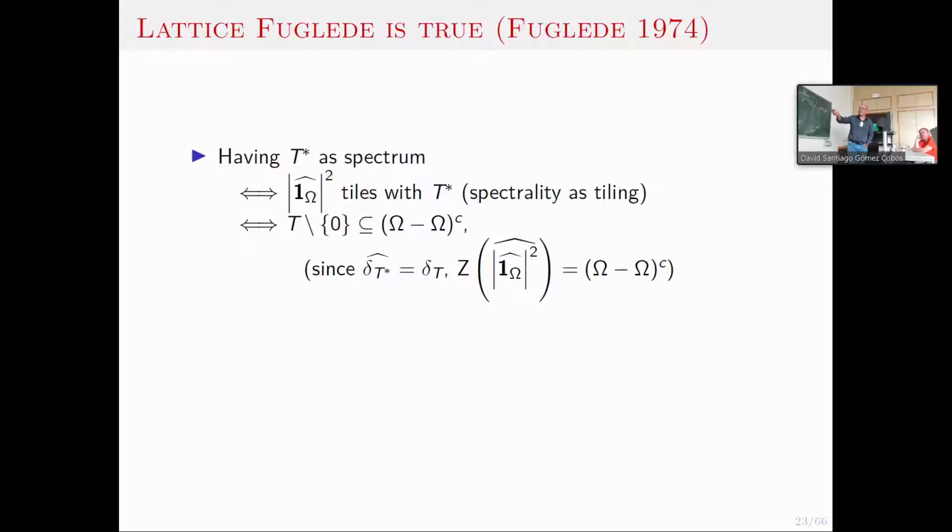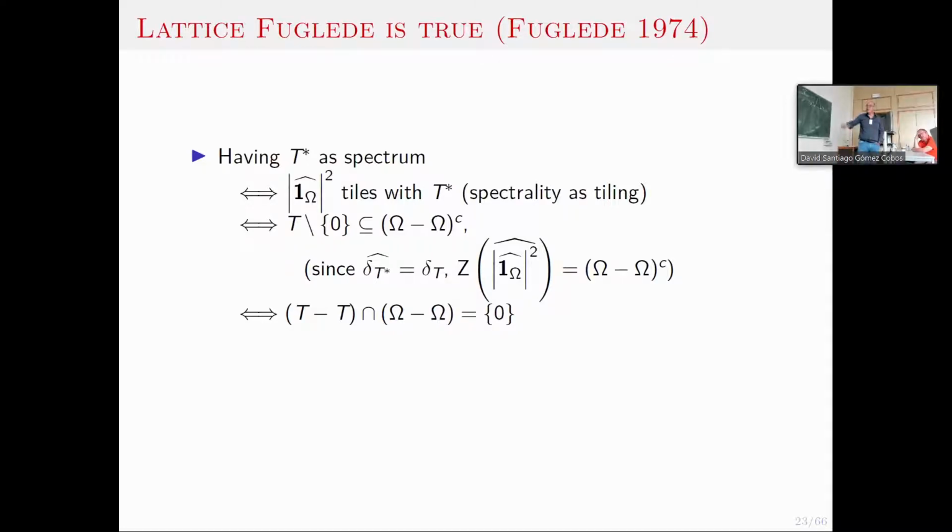But delta T star hat, by the Poisson summation formula, has support exactly this, delta T. So T, which is the support of this, must be contained in the complement of omega minus omega. Now let's rewrite this as: T minus T intersect omega minus omega is just the 0 point.